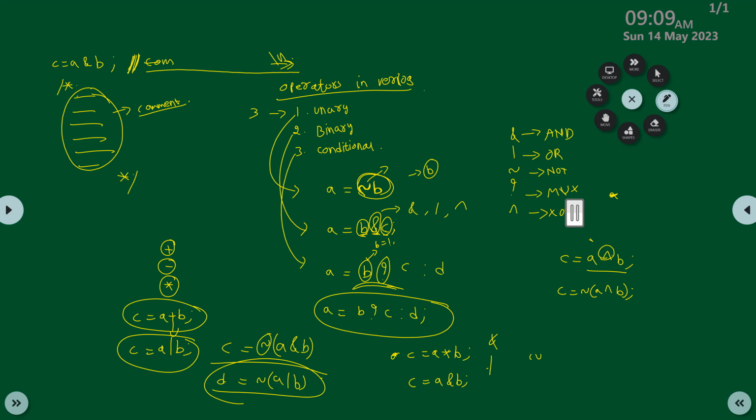But for a flop, there is no direct symbol. If you want to design a flop, you cannot directly use some symbol to represent the flip-flop. You need to write some code which will generate the flip-flop in Verilog. For all the basic operations and universal operations, you have direct symbols. You can directly use them.